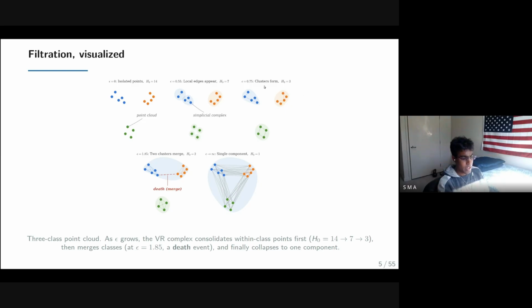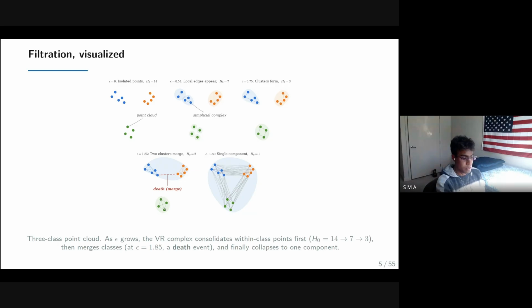But as you keep increasing the radius, at a certain point the clusters merge and they all form a single blob. We don't care about this blob, but it's part of the concept. So we're still looking at the single component. This is a really nice way to look at H0 persistent homology.